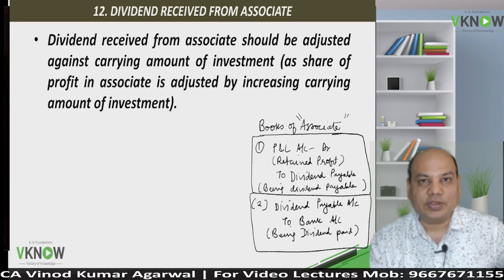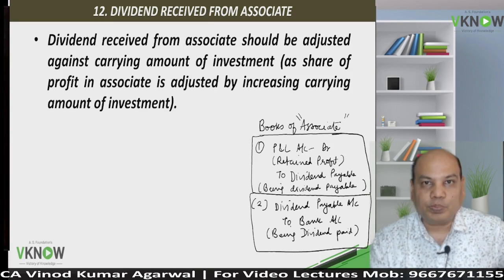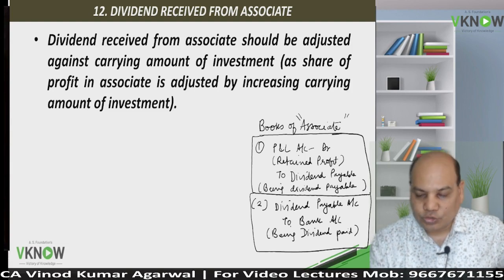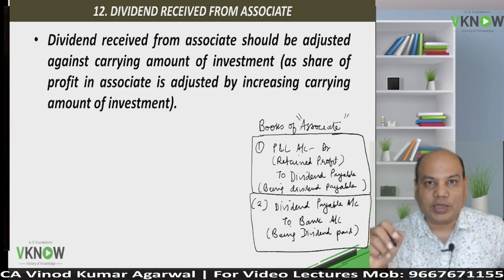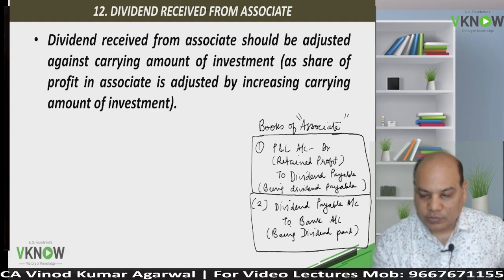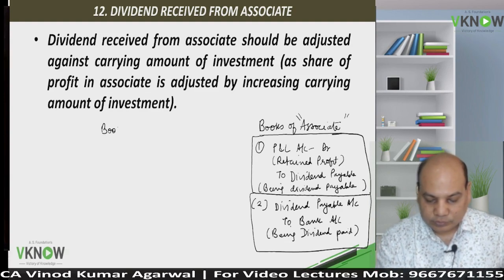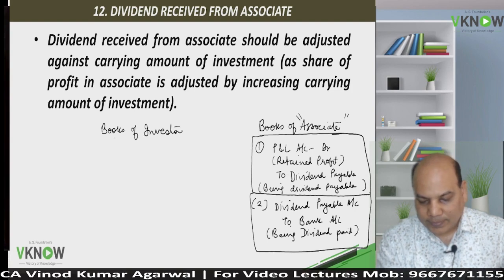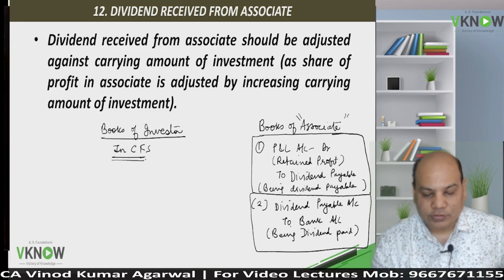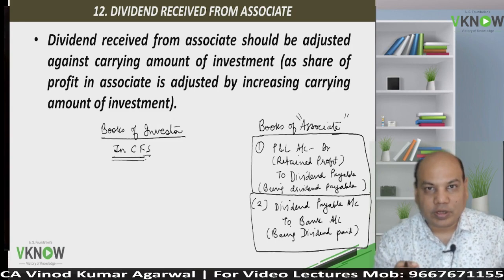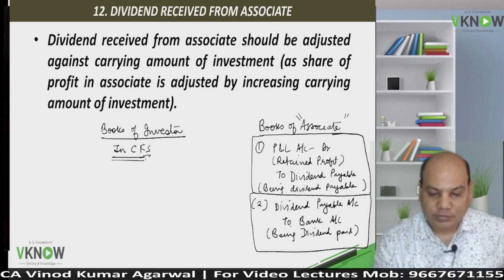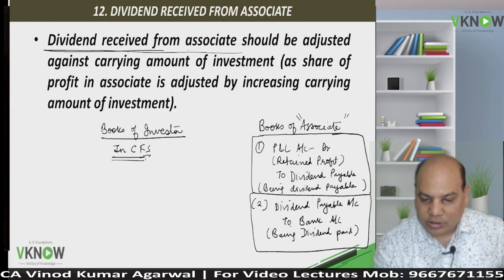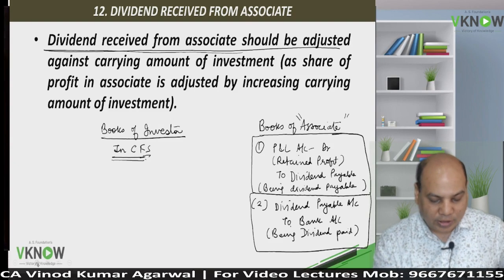You are passing these entries in the books of associate, but we have to apply accounting standard 23 in the books of investor. In the books of investor, in CFS, whenever the dividend will be received, now you look at these entries.